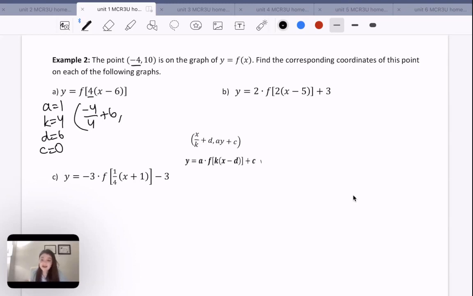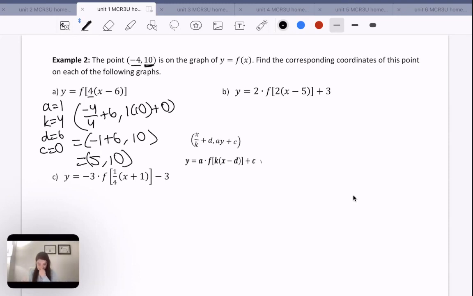And then we have a y plus c. So a is 1, y is 10, from here, plus c, which is plus 0. So this is equal to -1 plus 6, comma 10, which is equal to 5, comma 10, right? So 5, 10 is our new transformed point.